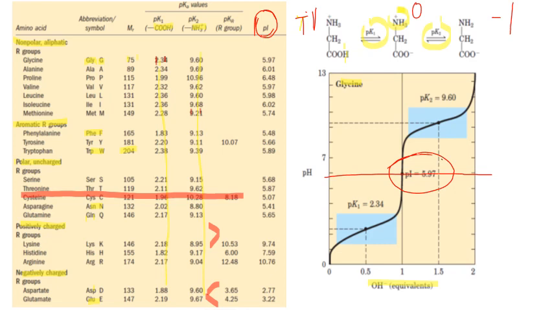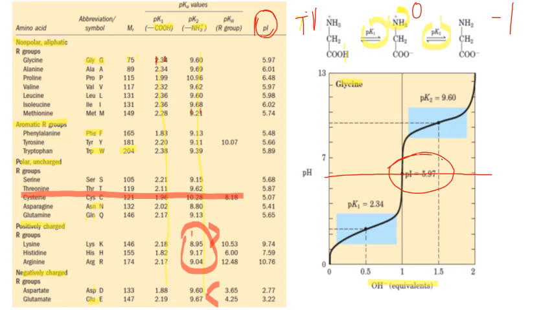The amino acids for which the R group has a pK value greater than that of the amino group, it basically means that when you titrate it with an acid, the group that loses the proton first is going to be the R group in case of negatively charged amino acids, whereas it's going to be the amino group in case of the positively charged amino acids.